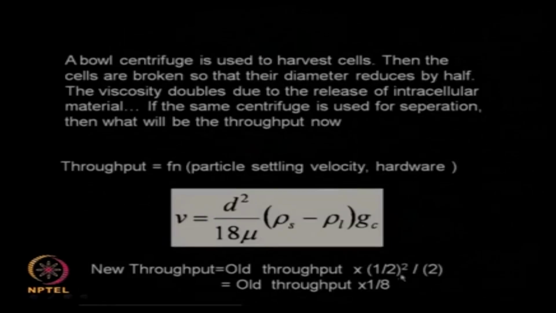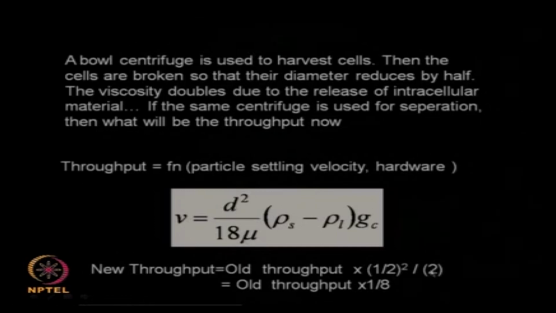Because the particles have gone down in size, the velocity will change in a squared fashion, and viscosity has doubled, so the velocity changes in that fashion too. So the new throughput will be equal to the old throughput times half squared, because the diameter squared term comes here, and a 2 in the denominator because viscosity has doubled.